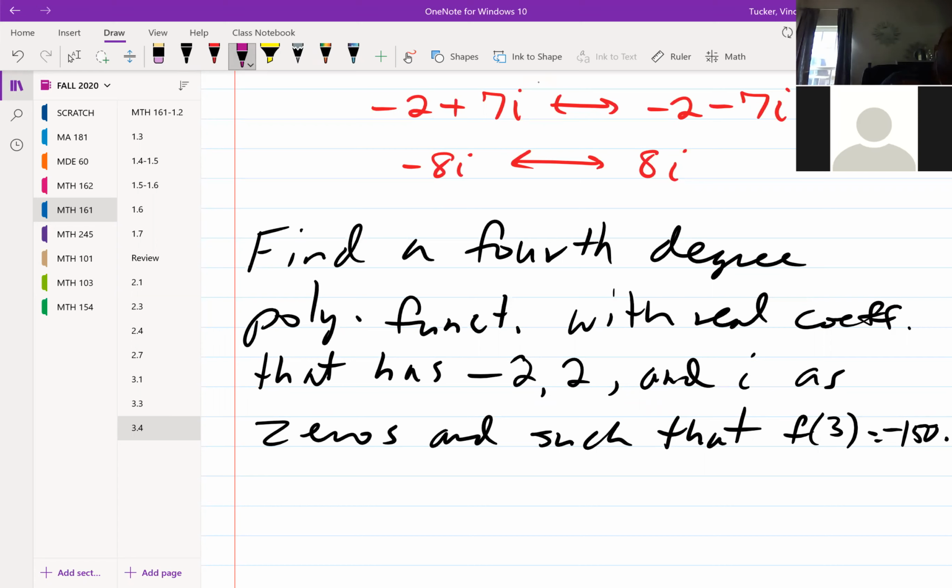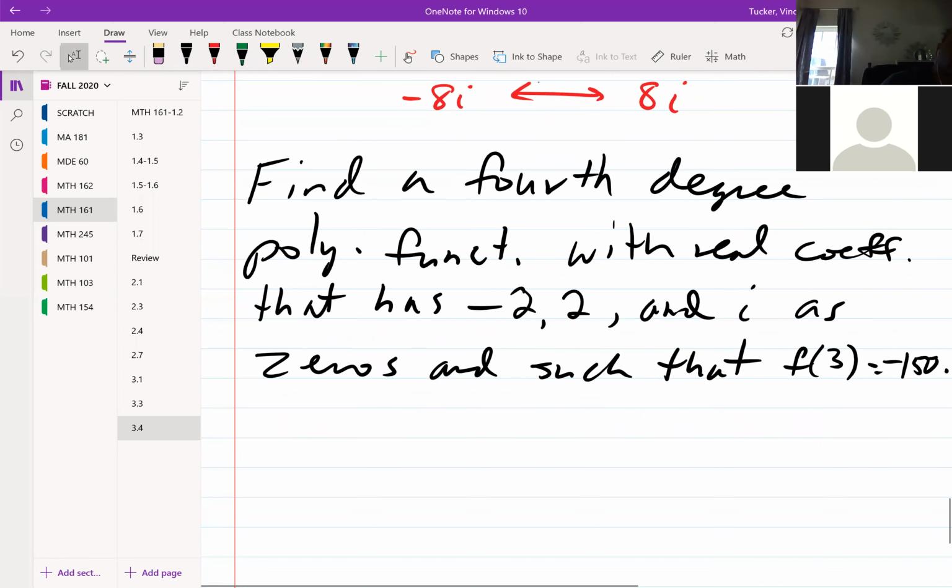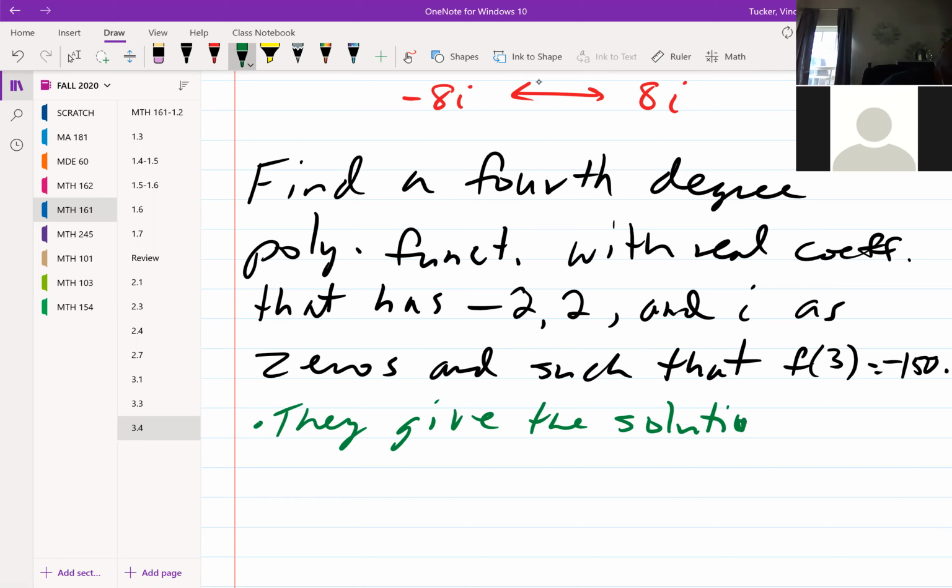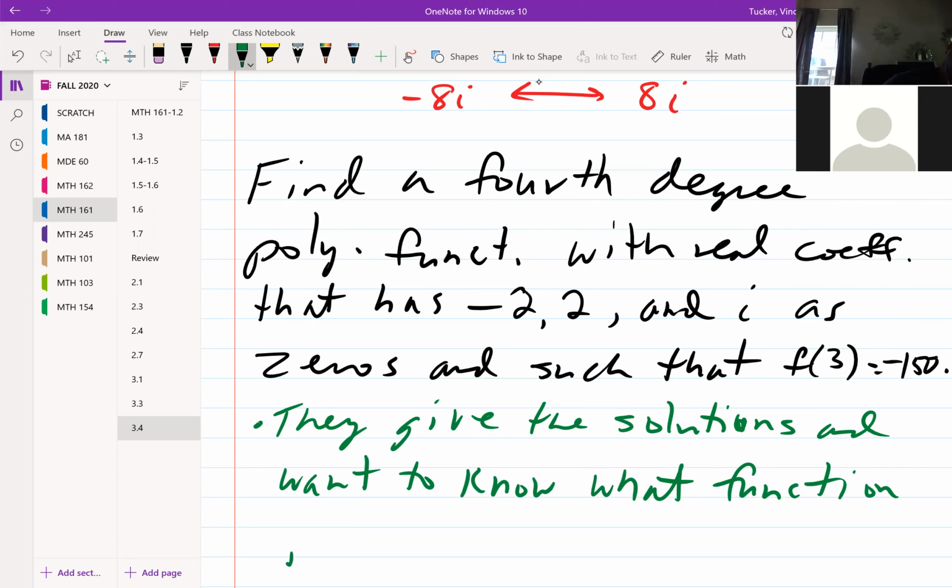So when you see this type of problem, they give the solutions and they want to know what function produced the solutions.